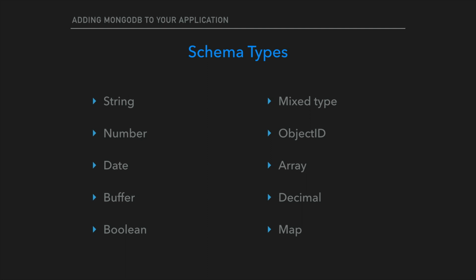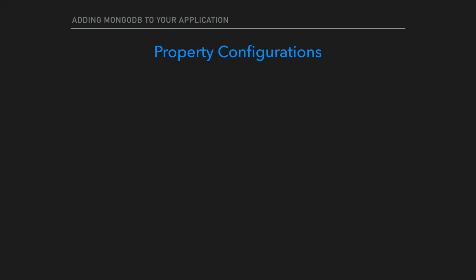You could also have an object ID, which is what you use to get specific documents from the database, array, decimal, or map. Some other things that you can add to your schema type definitions are validators and indexes.